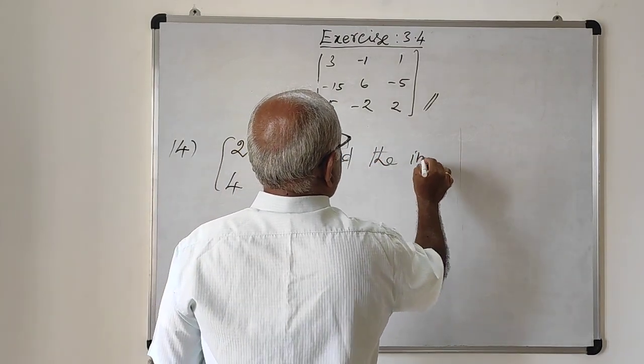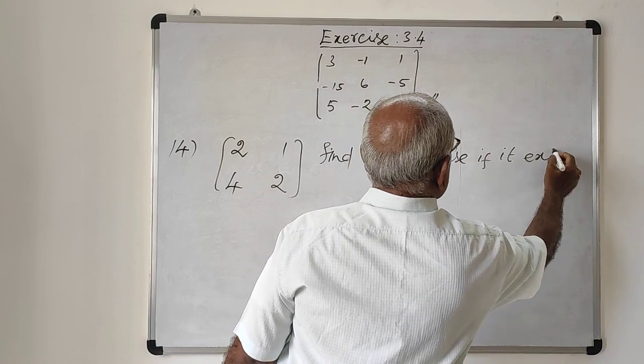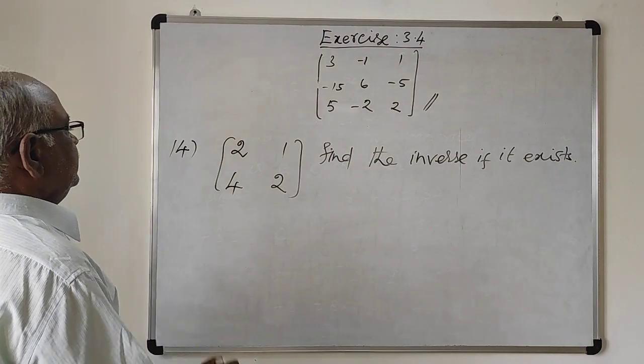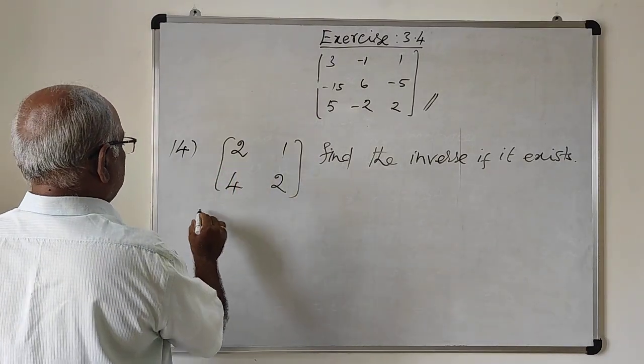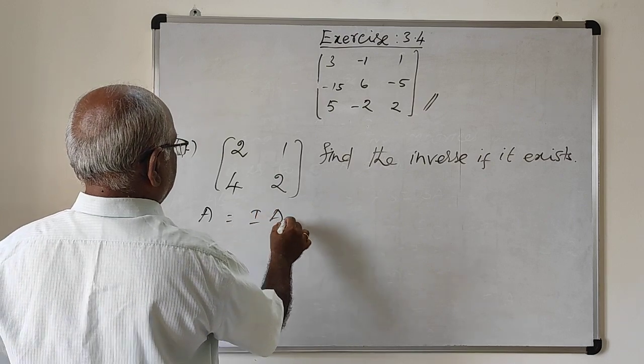Find the inverse if it exists. This is the problem. You consider A equal to IA.